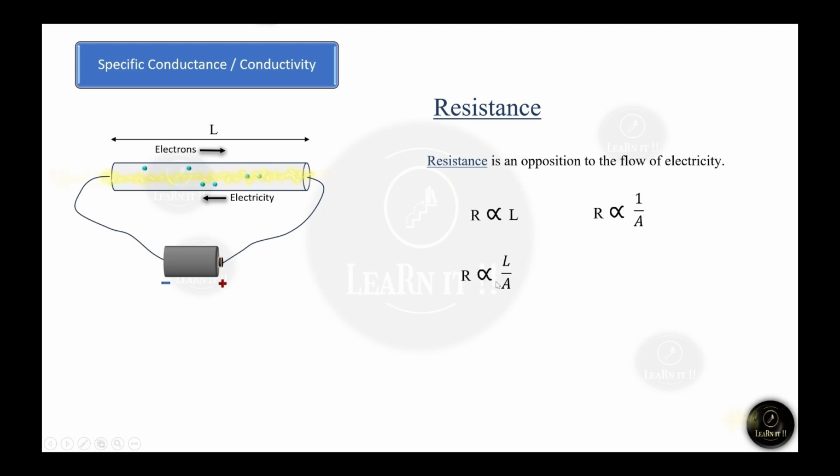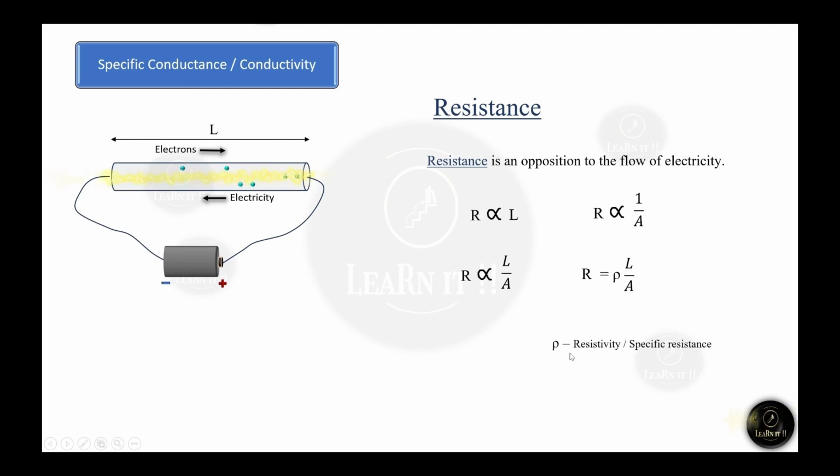We can replace this proportionality sign with a constant. Then we get R is equal to rho into L by A. Here rho indicates resistivity or specific resistance. We are not talking about the conductance, we are talking about the resistance.